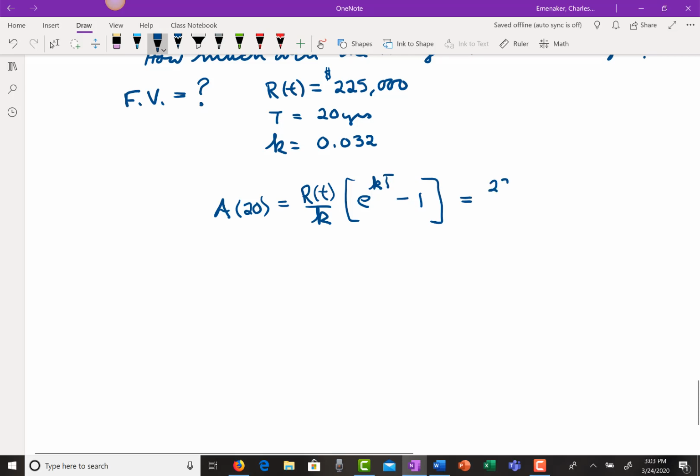R of T is 225,000. K is 0.032. We're going to multiply this times e to the 0.032 times the 20 years, then subtract 1. Now be careful how you enter this into your calculator. You want to start with that portion which is within the brackets first.